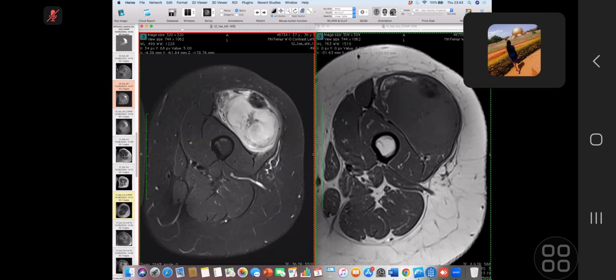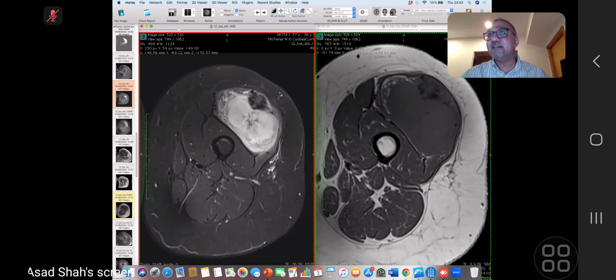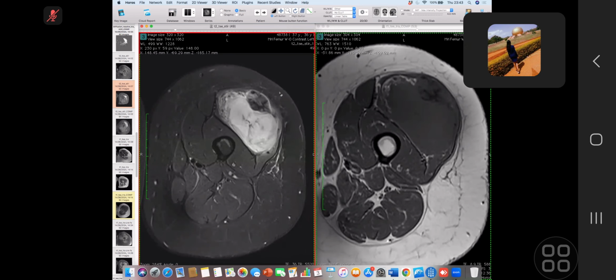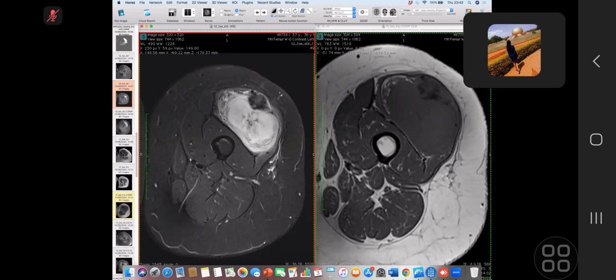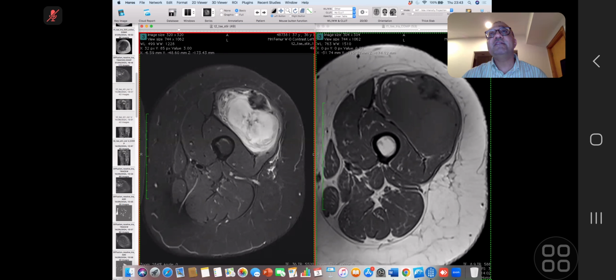Although it doesn't look aggressive to me. What do you mean it doesn't look aggressive to you? I mean, it's not crossing the fascial planes or extending into the other compartments. It's just localized to the muscle. Do you think it's benign?